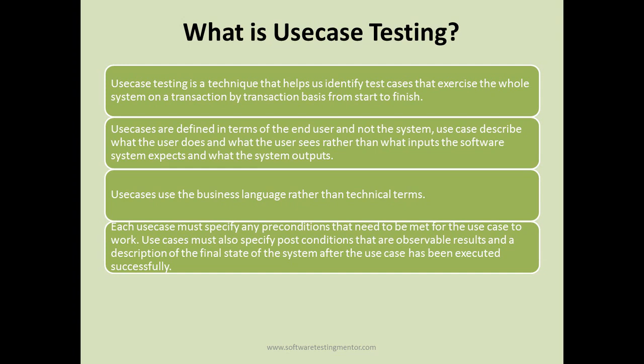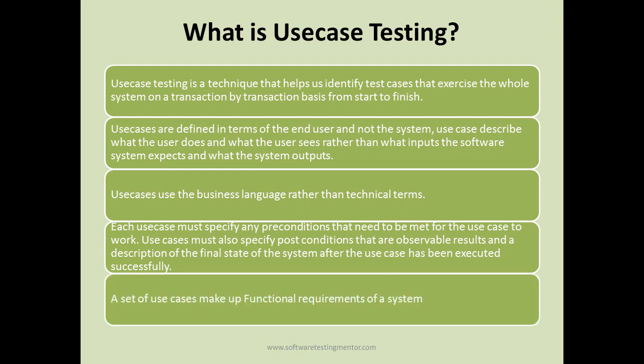So it should specify the precondition and the output or postcondition as well. Then a set of use cases make up the functional requirements of a system. So in use case testing, a complete set of end user scenarios makes the functional requirements of the system, and the developers implement those use cases into working software.